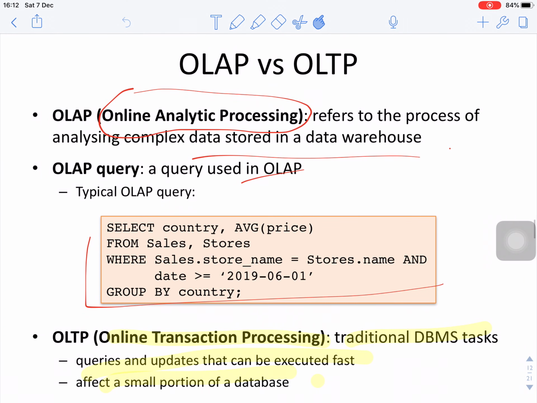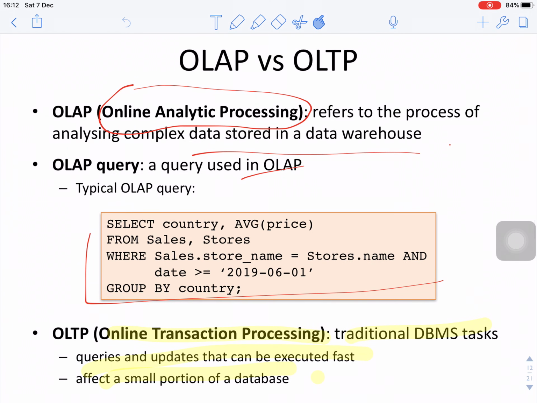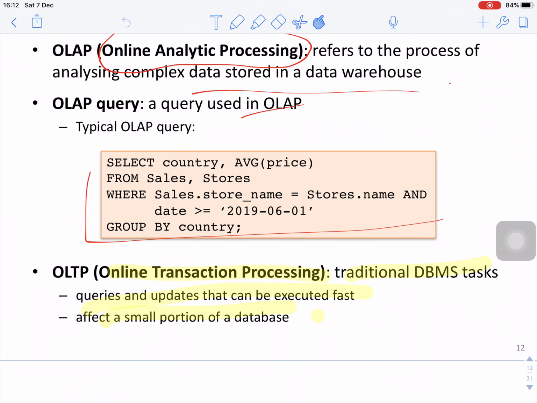And there are two kinds of data processing, which are OLAP and OLTP. OLAP is online analytical processing, and refers to the process of analyzing the complex data stored in the data warehouse. A typical OLAP query is: select country, average price from sales and stores where sales.store name equals stores.name and the date is greater than or equal to 2019 June 1st, group by country.